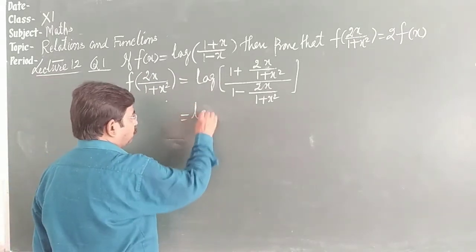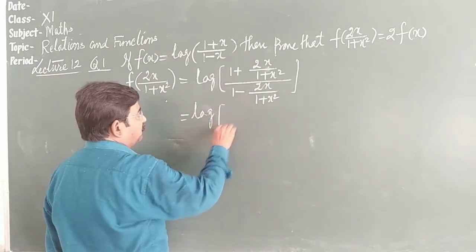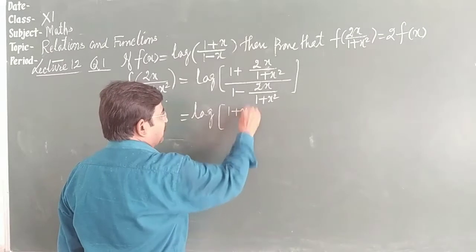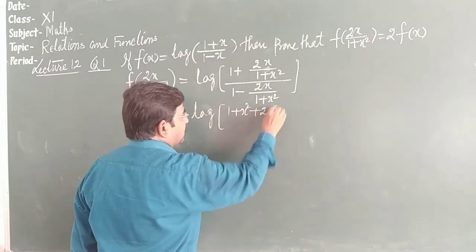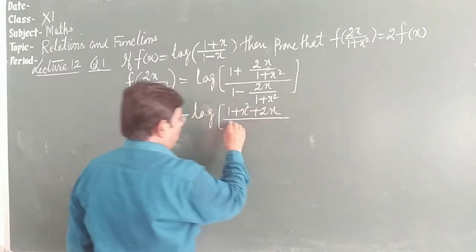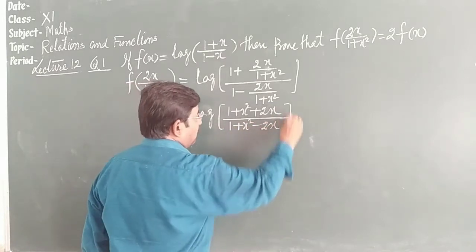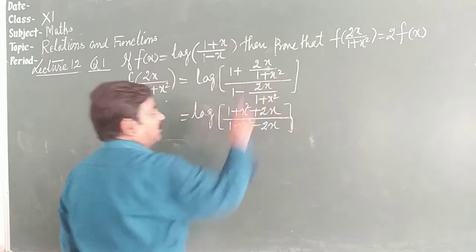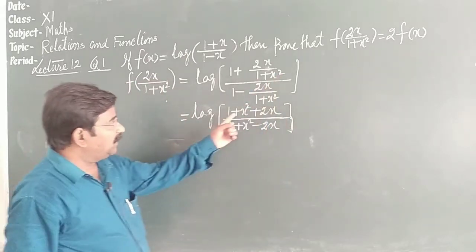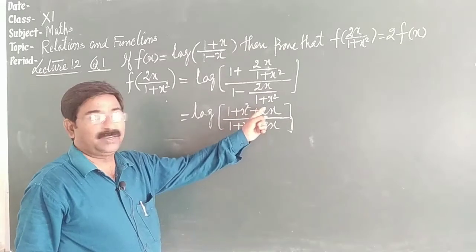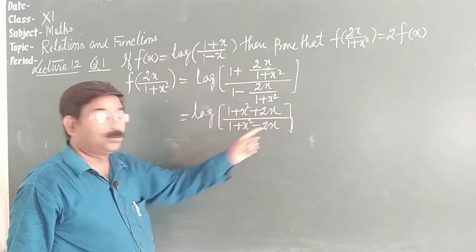See, log by LCM: (1 plus x square plus 2x) upon (1 plus x square minus 2x). The LCM will be cancelled. In the numerator we have (1 plus x) whole square, and here we have (1 minus x) whole square.